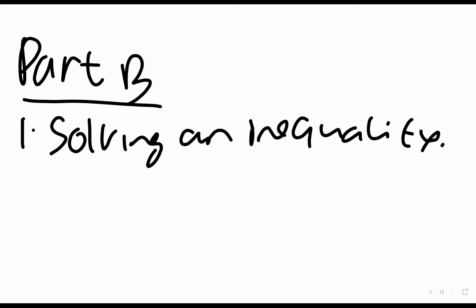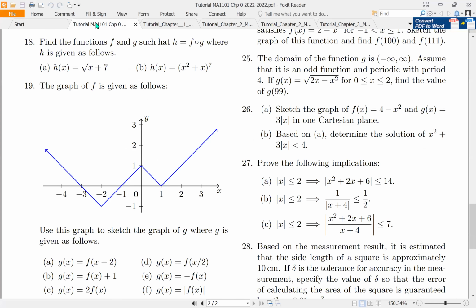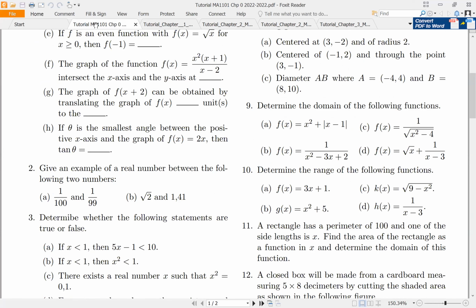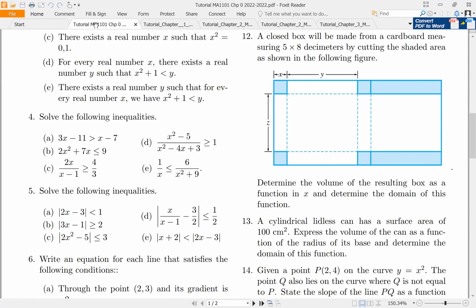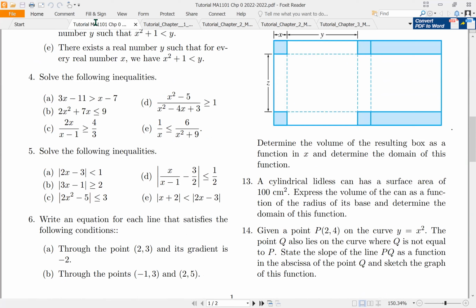The typical question will be, let's say, if you consider number 4 or 5 there, although several questions can be too long for the essay question, then the standard one, for example, 5A or 5B.